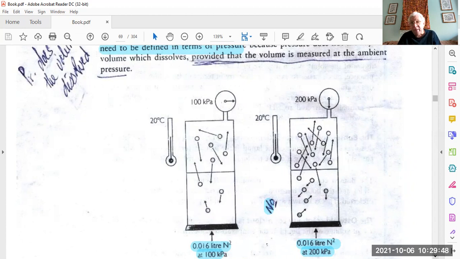In other words, أو في طريقة معينة إن الضغط مش هيأثر على الحجم مش عدد الموليكيولز, on the volume, not the number of molecules. It will not be affected by the volume. It will affect differently the number of molecules dissolved.